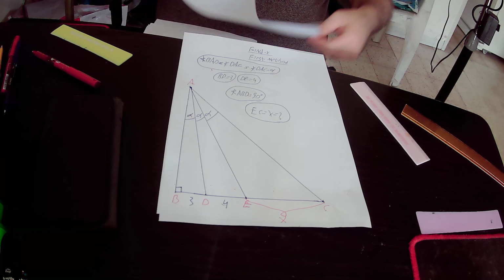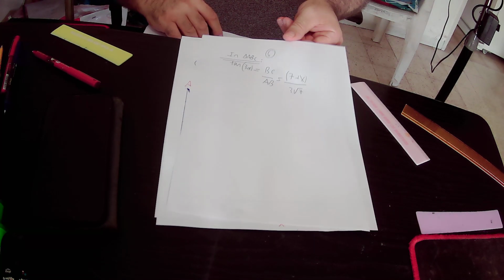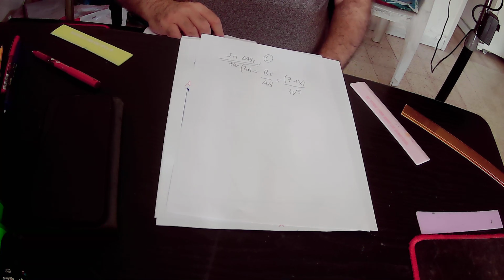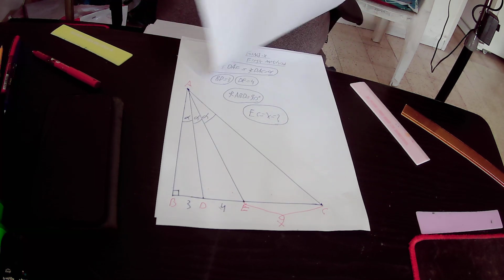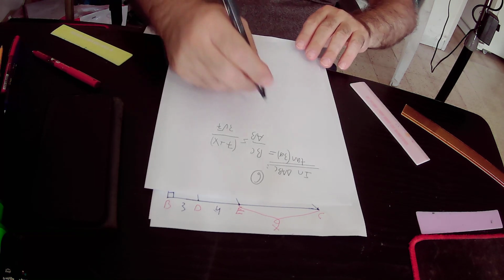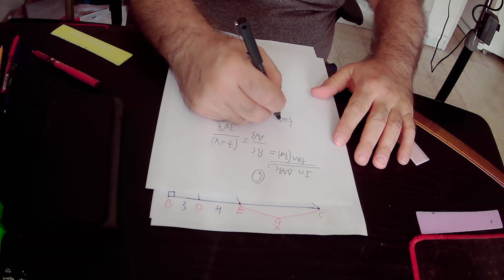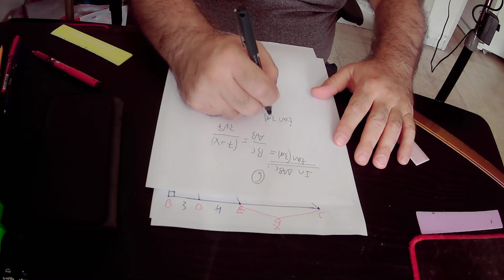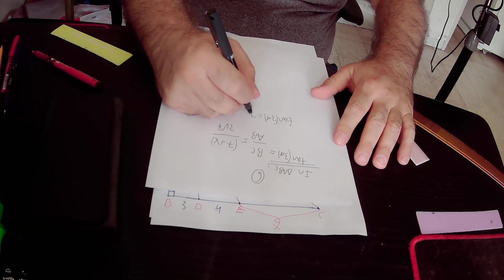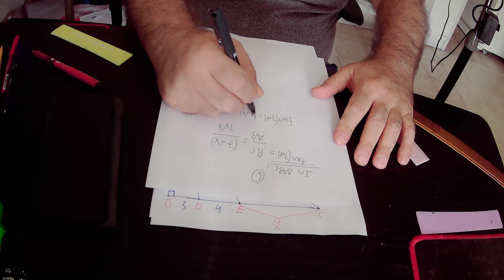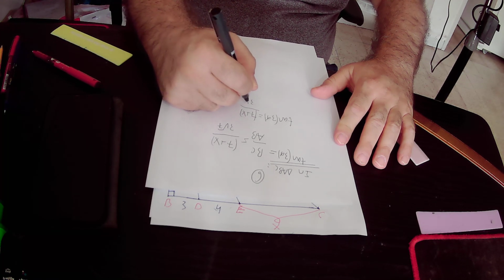So in total we got that the value of tangent 3 alpha is 7 plus x over 3 times root 7. I'll write it down. Tangent 3 alpha equals 7 plus x over 3 times root 7.